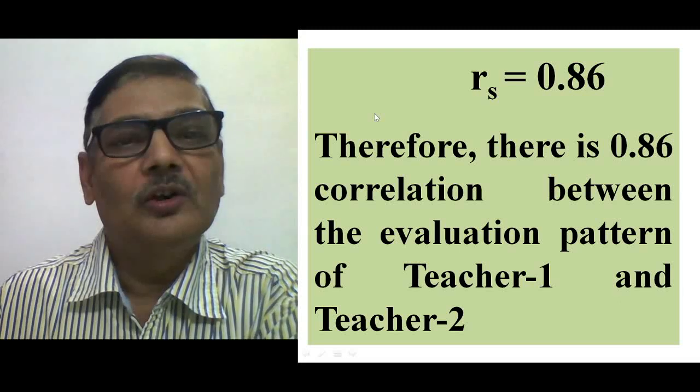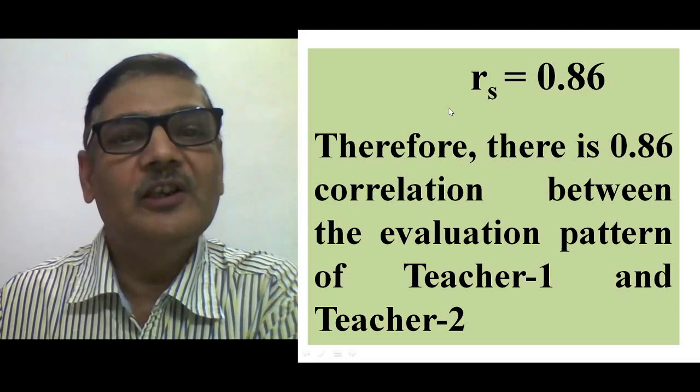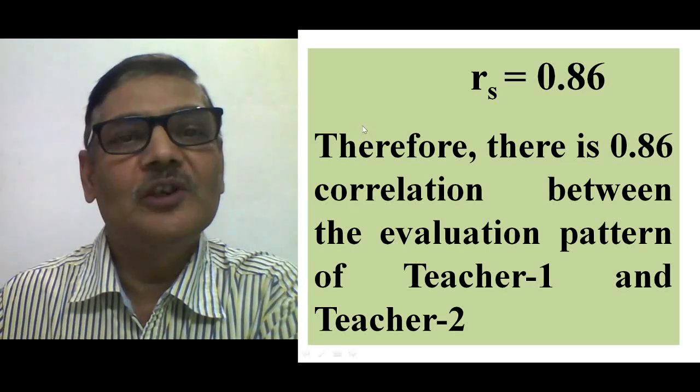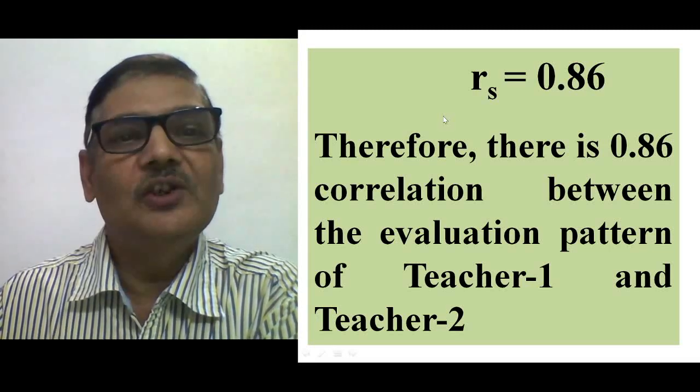To what extent does a relationship of judging pattern exist among the judges, that is between 1 and 2, between 1 and 3, between 1 and 4, between 2 and 3, between 2 and 4? We can see which of the two judges are very similar in their judging pattern or in giving ranks to the contestants. So this is the utility of this particular test.